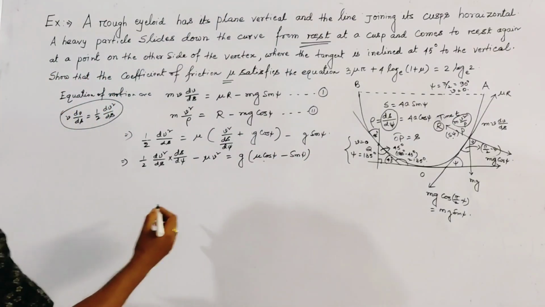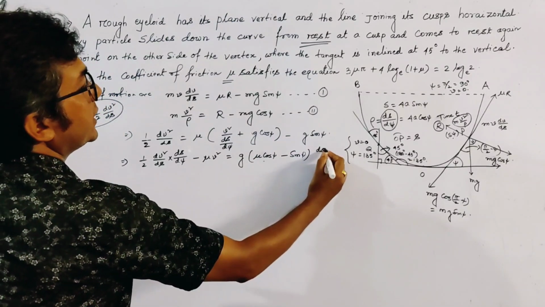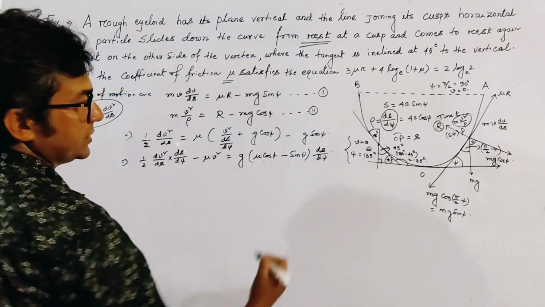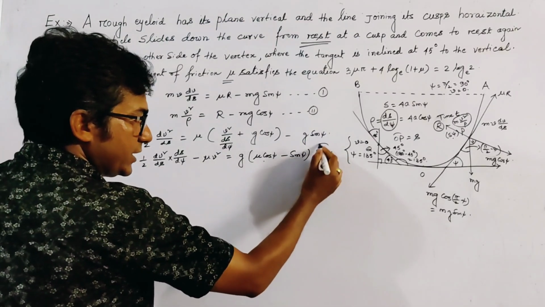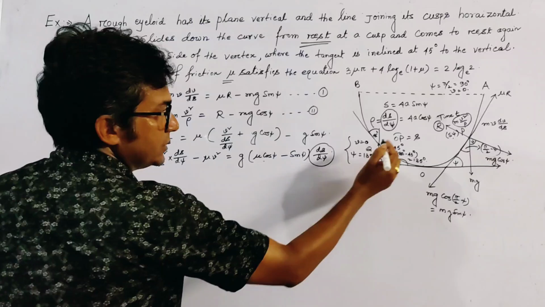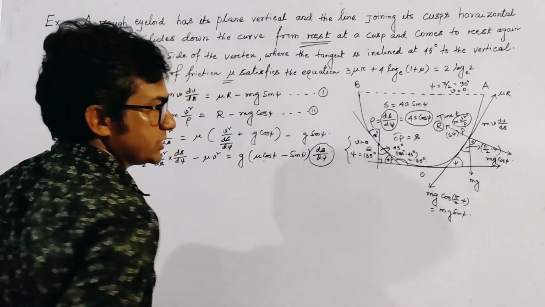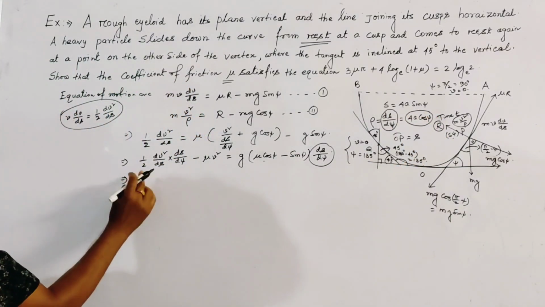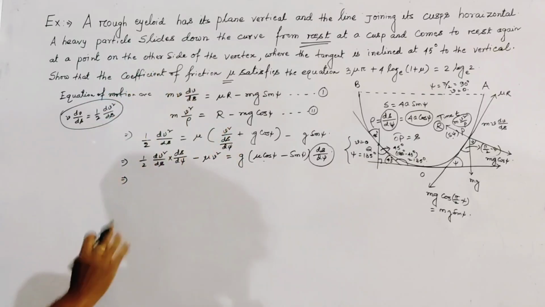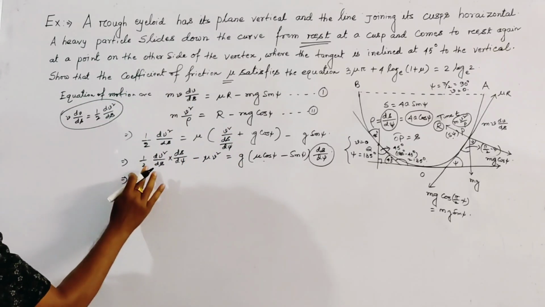And there will be another ds by d psi, and we write here ds by d psi as 4a cos psi.